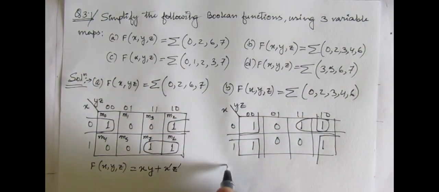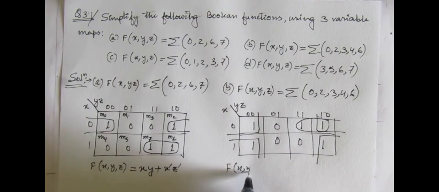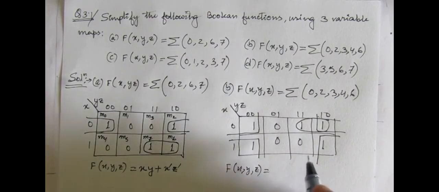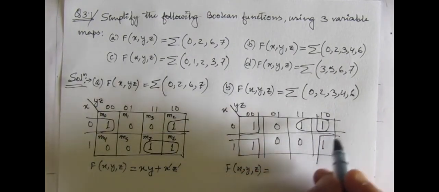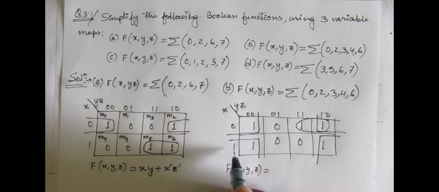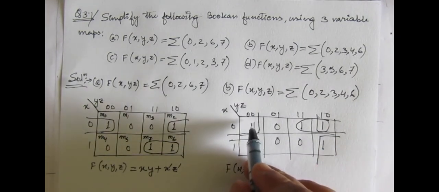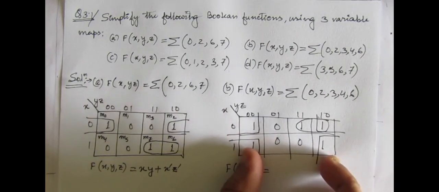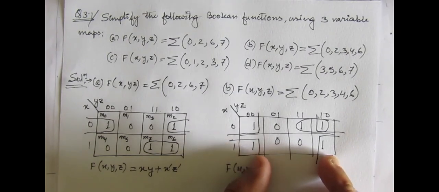Therefore f of x, y, z equal to, from this term we can see that x equal to 0 as well as 1, so x is discarded. For y also, for these two columns, we can see that y equal to 0 and 1, so y is also discarded and z has a value of 0 for both.